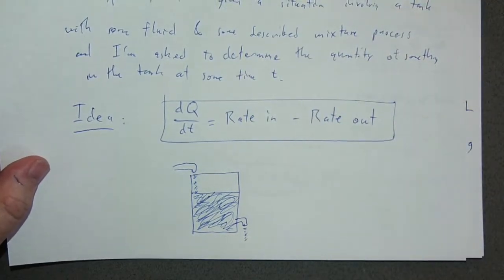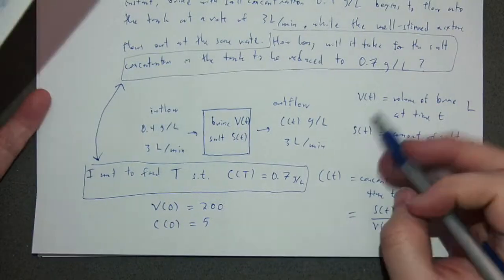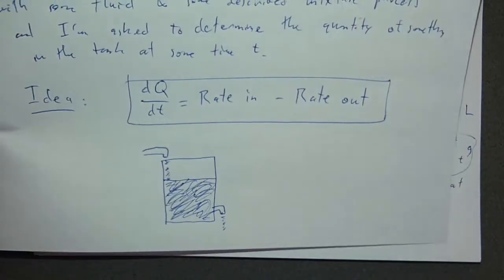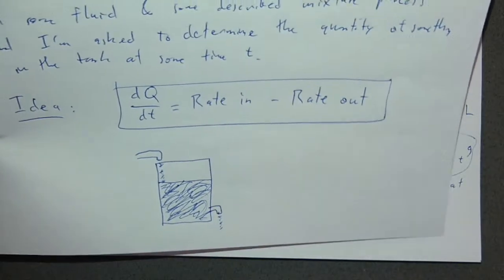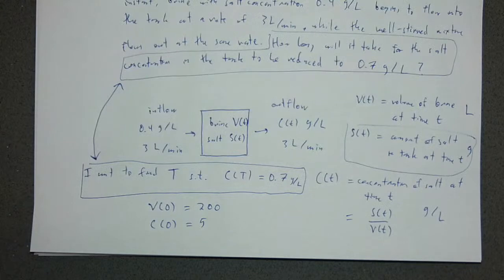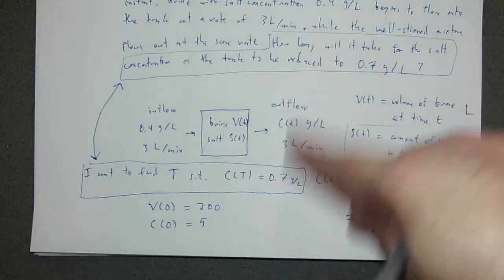It's not a concentration, it's a quantity. So the obvious choice is S, the amount of salt in the tank at time t. That's what we model the differential equation on. But I'm being asked for when the concentration is a particular value.